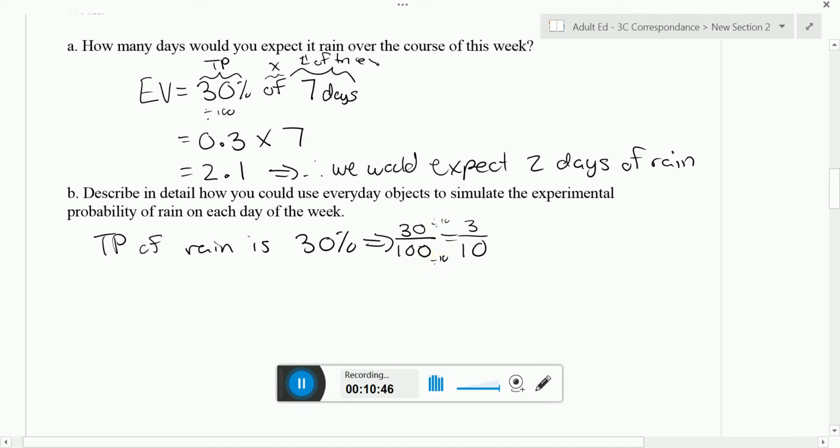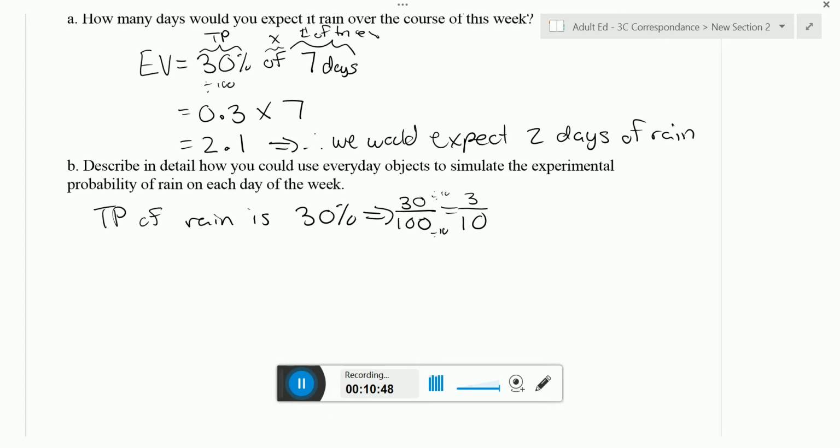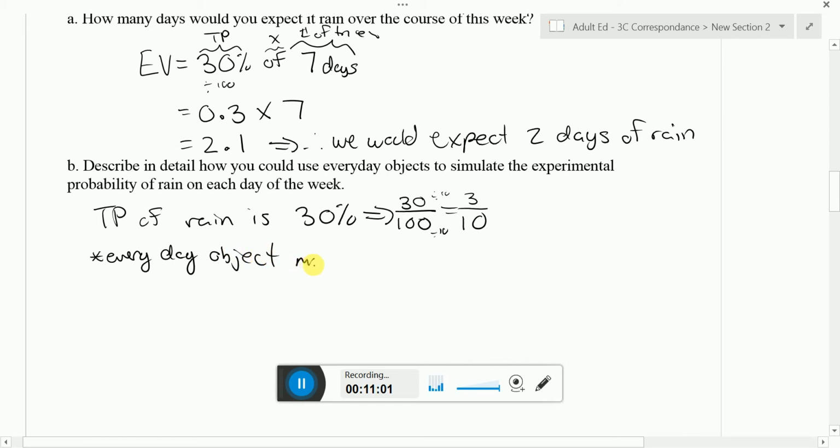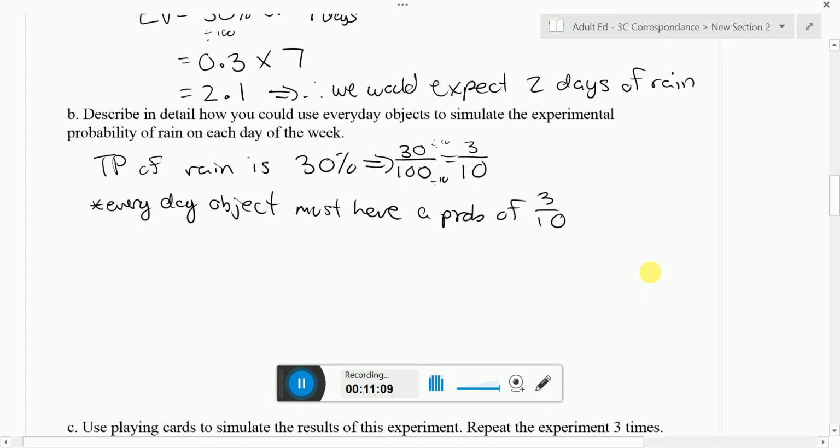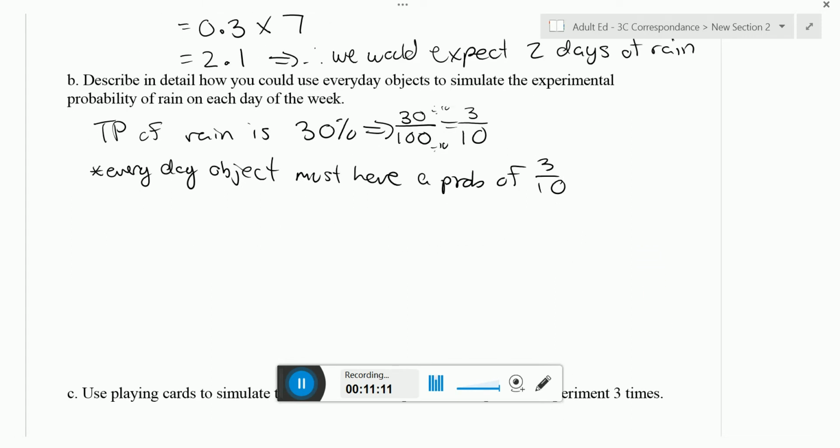So the theoretical probability of rain is 3 out of 10, which means when we're thinking of an everyday object to use, our everyday object must also have a probability of 3 out of 10. So we need to think of something where there are 10 of them, where we can pick 3 of those to be what we want.